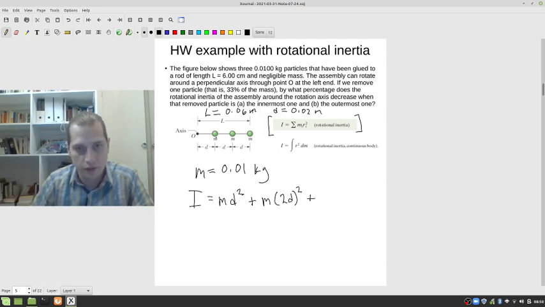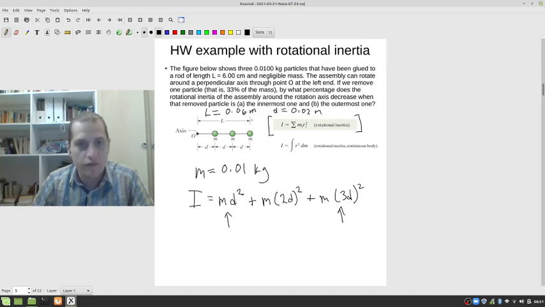And then this one would be 3D away, so it would be M 3D squared. Now notice, because this is squared, this would actually be M times D squared, this would be 4M times D squared, this would be 9M times D squared. And so what they're asking is, how does that change if you take away this one, or if you take away that one? Now I hope you can see this is going to be a bigger contribution than that.